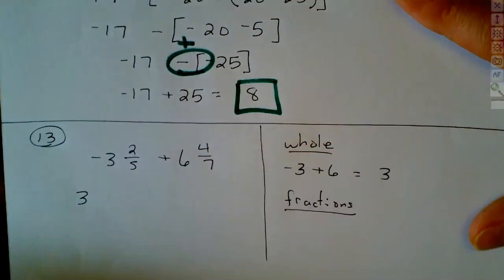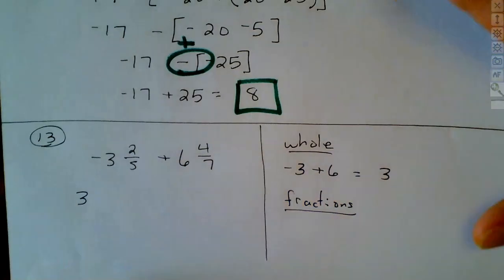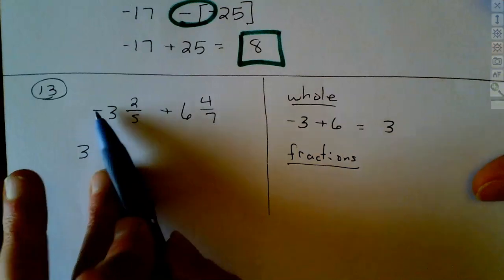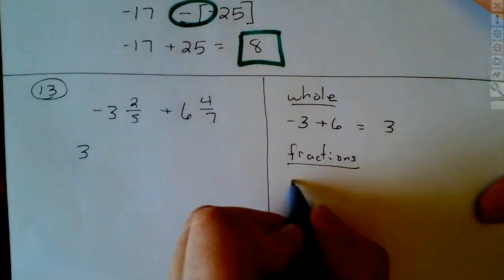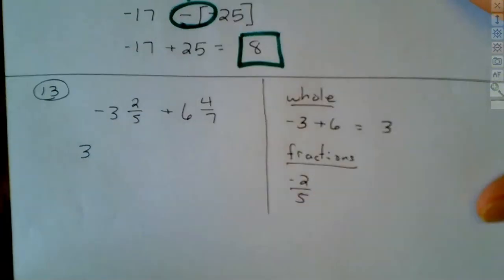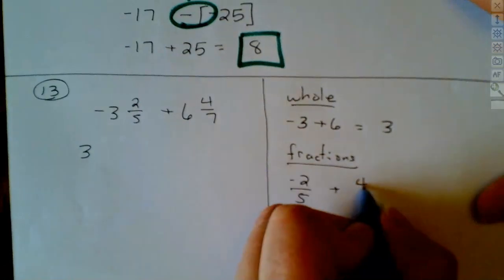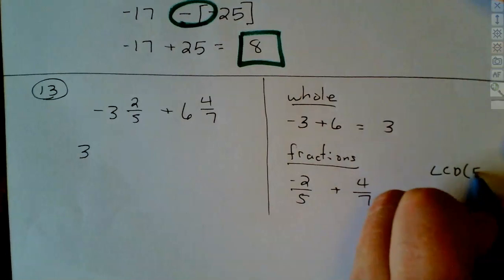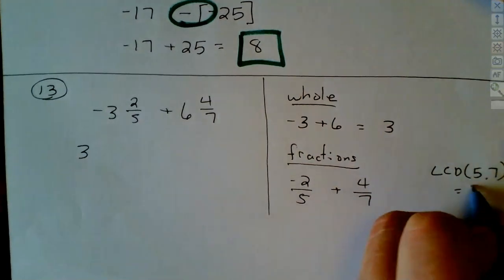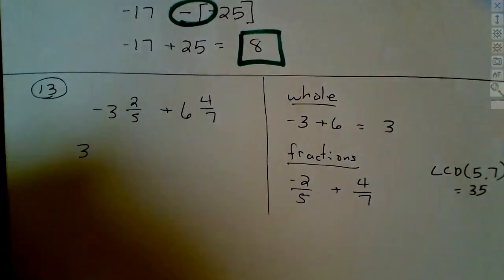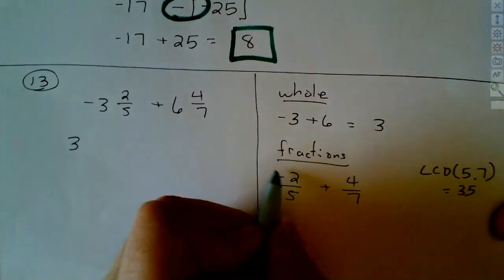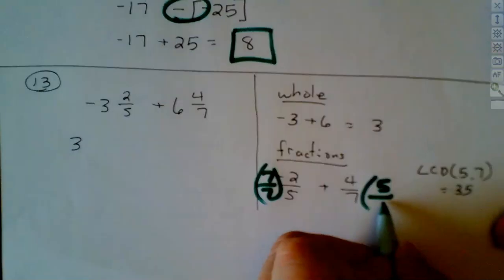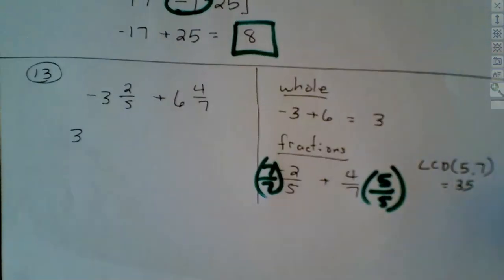Well, keep the sign the same when we work with these fractions. So this mixed fraction was negative, so we'll keep that negative 2/5 here. And then we've got 4/7. We need a least common denominator of 5 and 7, and that is a 35. So this one needs a 7/7, and this one needs a 5/5, right?